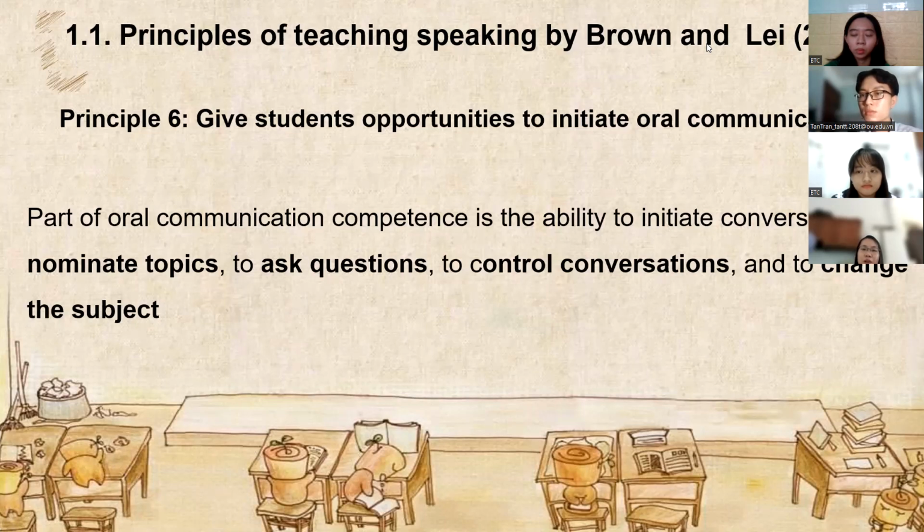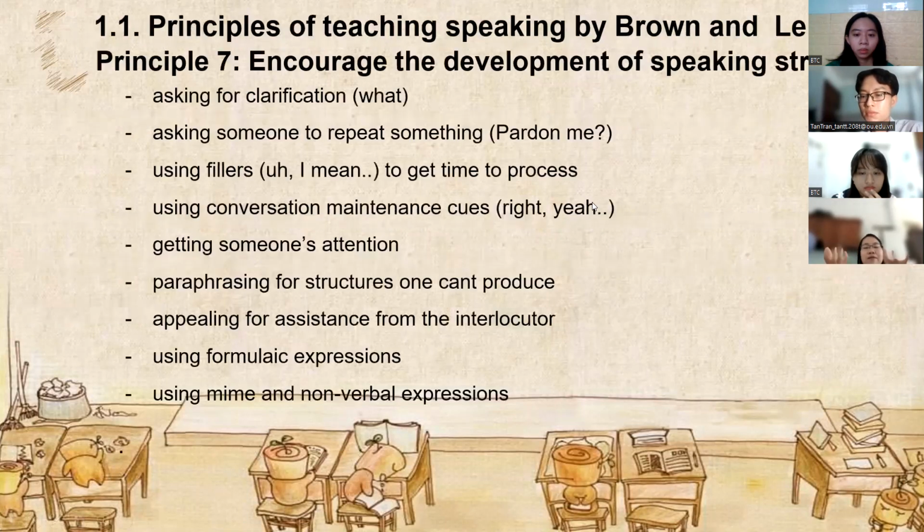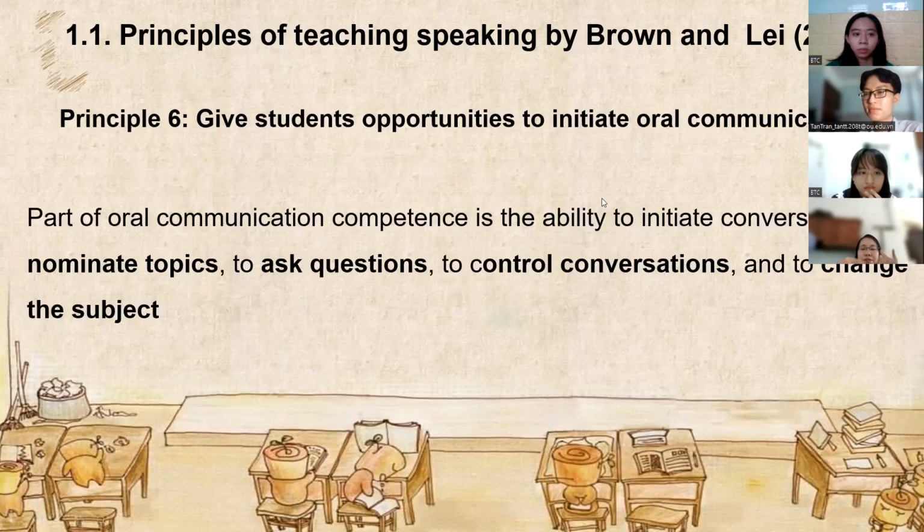For this one, the teacher tries to initiate conversations, to nominate topics, to ask questions, to control conversations, and to change the subject if there's a need. So for number 6, I guess the target of the researcher is to create as many opportunities as possible for the students to speak.